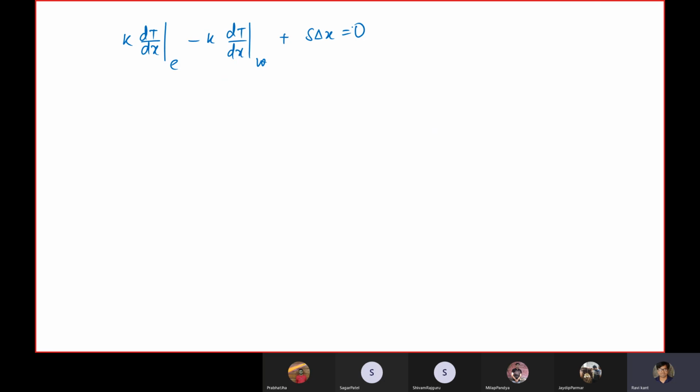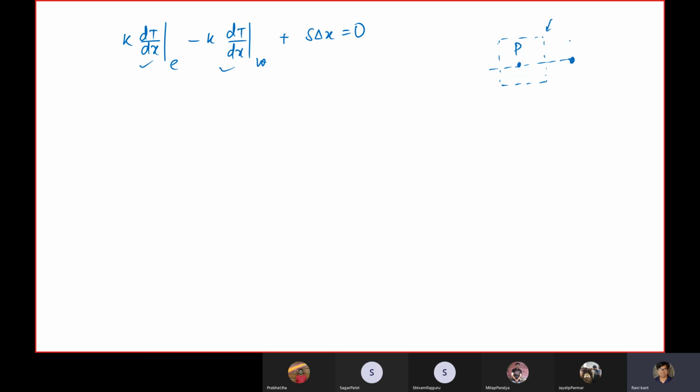Now let us find these values. This is your pth node, and this is your control volume. I am drawing a control volume in two-dimensional sense, but your actual control volume is one-dimensional because we have taken the one-dimensional case.